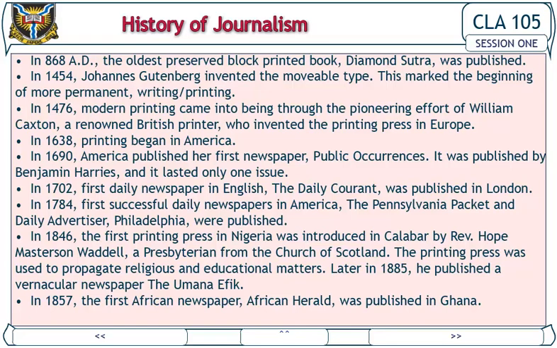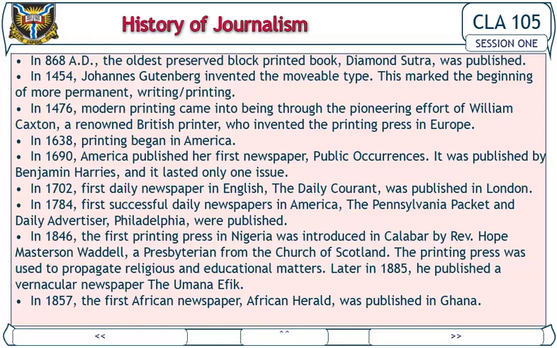In 1476, modern printing came into being through the pioneering efforts of William Caxton, a renowned British printer who introduced the printing press in Europe. In 1638, printing began in America. In 1690, America published its first newspaper, Public Occurrences.